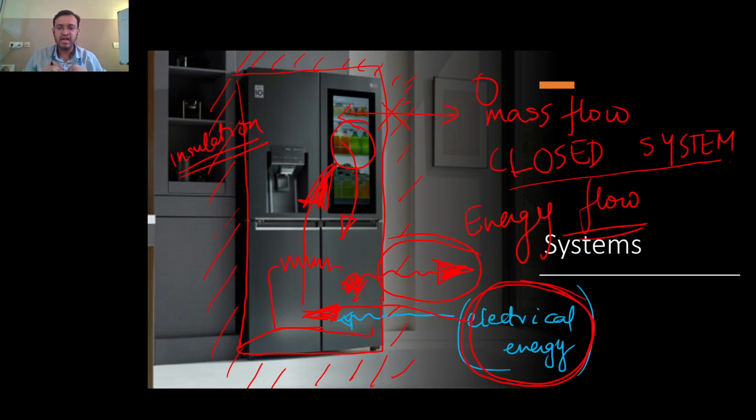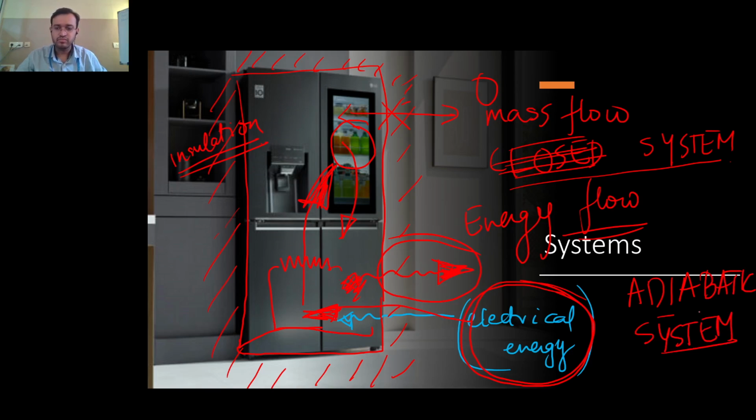This kind of system is no longer a closed system. This is something called an adiabatic system. An adiabatic system is a system in which there is no mass flow across the boundary and no heat flow across the boundary.